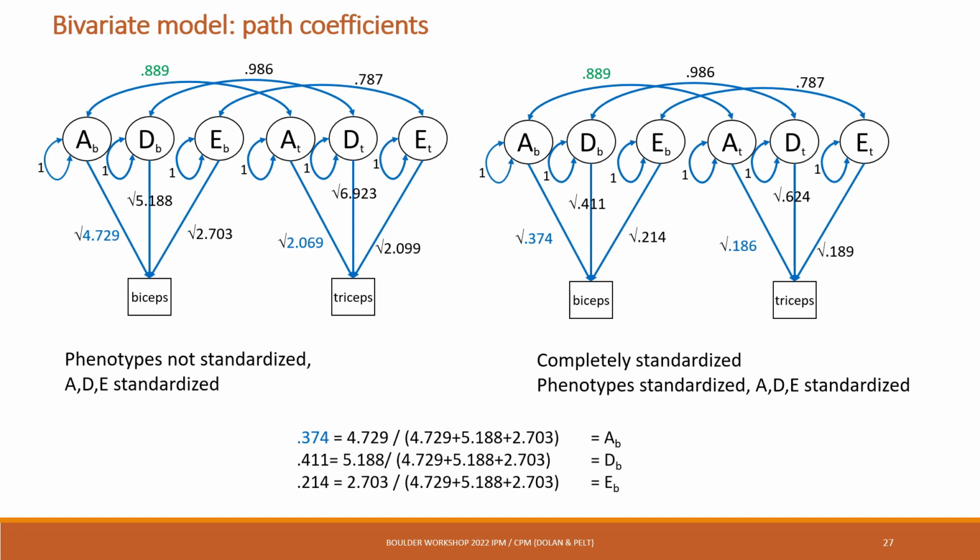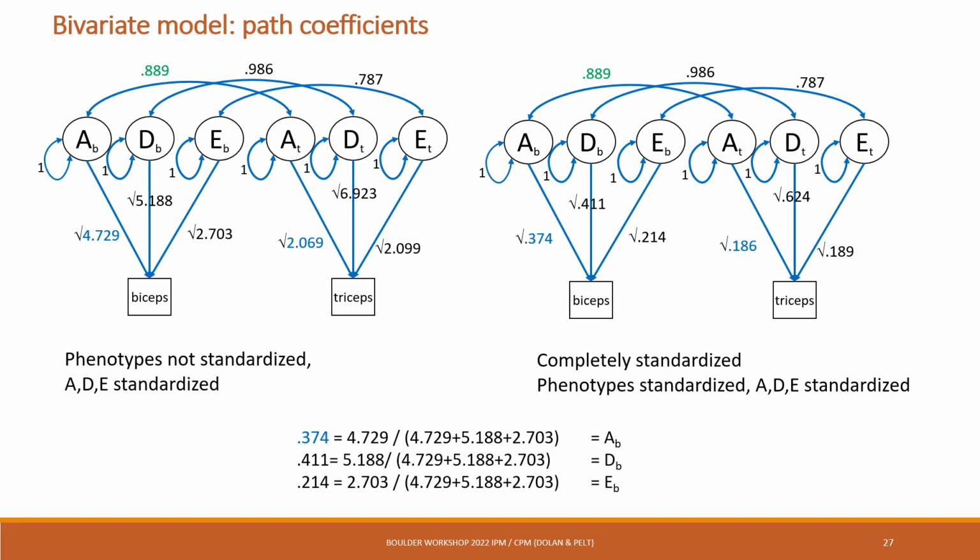So the 4.729, that's the additive genetic variance associated with biceps. To evaluate whether that's large or small, you'd have to divide that by the total variance of biceps. Once you do that, you get the narrow sense heritability, which is readily interpretable. So on the figure to the right, I've calculated the standardized variance components and inserted those as the path coefficients.